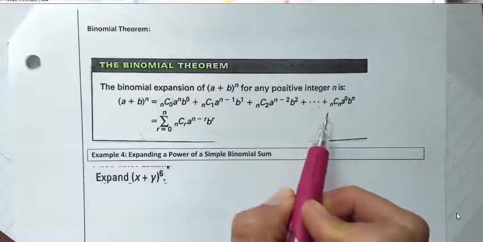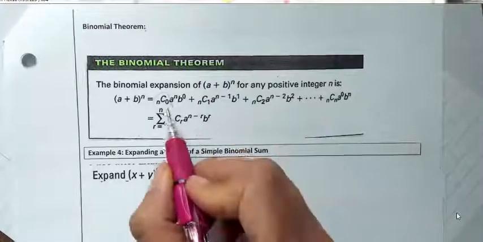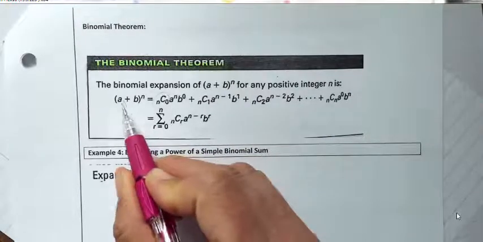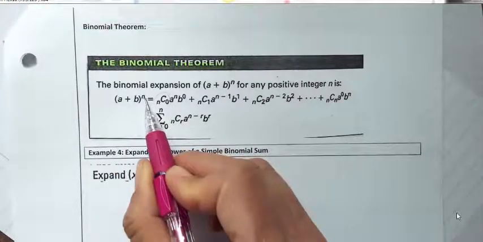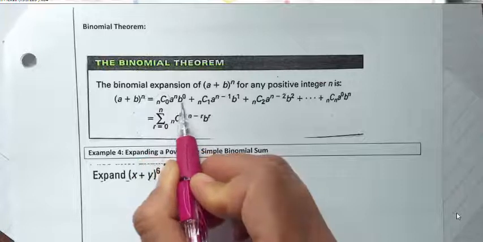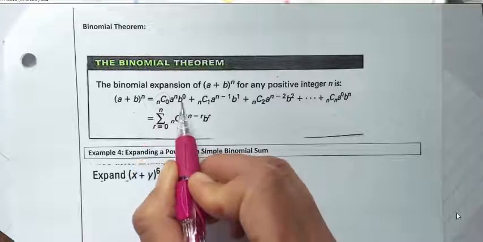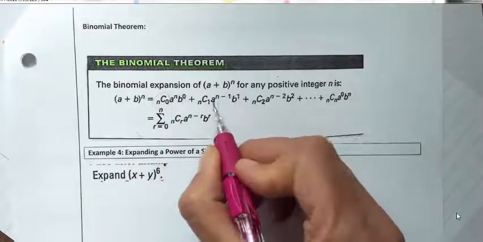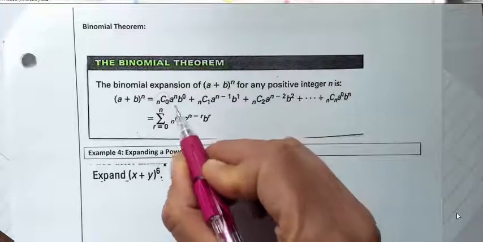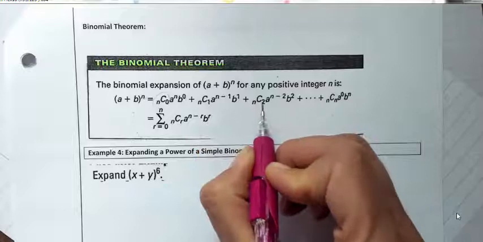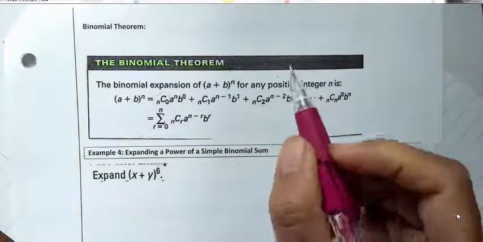Now, the a term, that first term in your binomial, always gets the most powers, which is n. And then the second term starts with 0 powers. And as you move on to each term, this 0 is going to increase to 1 and 2 and 3 and so on.